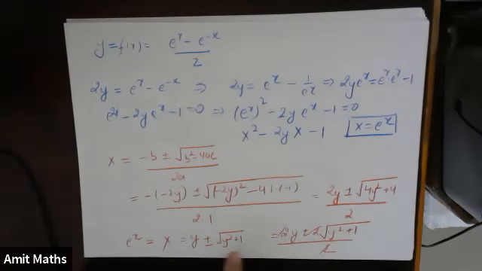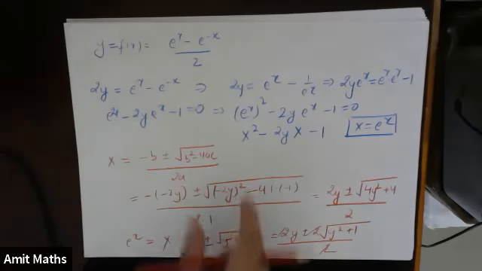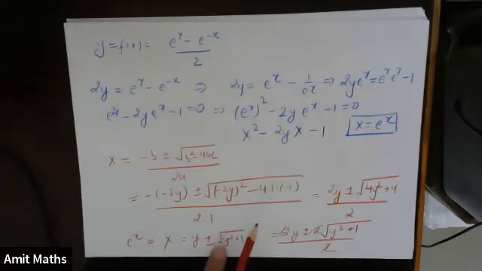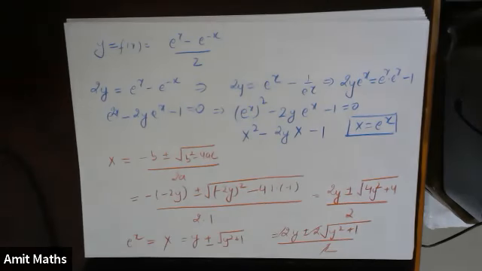So after solving the quadratic expression, we got e to the power x is equal to y plus minus under root of y square plus 1. Till here everything is okay.